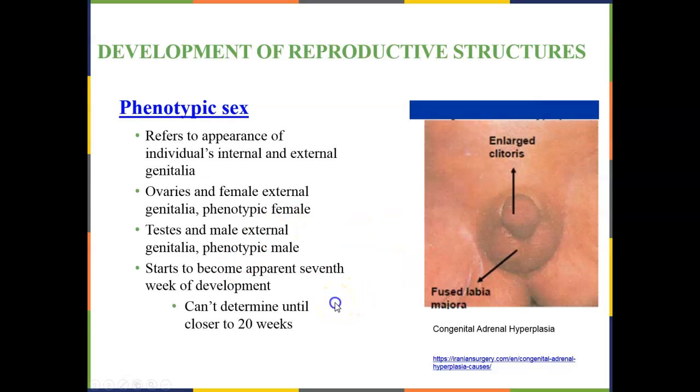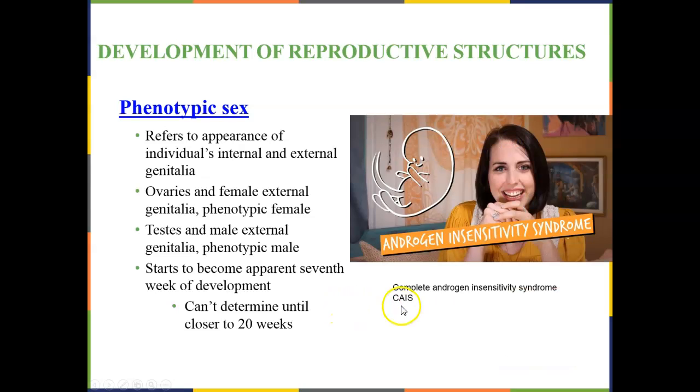Another disorder is complete androgen insensitivity syndrome. Here is an individual that has this disorder. When you look at her, she looks very much like a female. She has all the female structures externally, but she doesn't have ovaries. She doesn't have a uterus. She's actually a male.